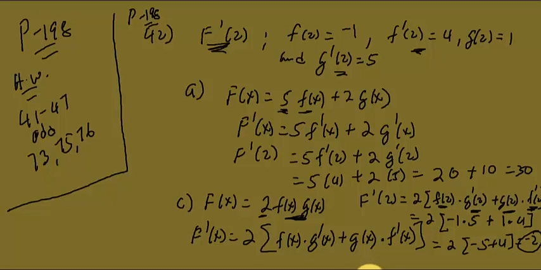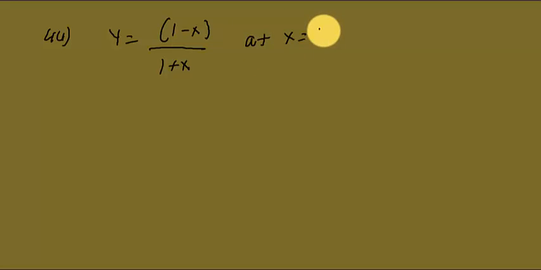So let's do 44, which is the next problem I want to do for you. You're given y is equal to 1 minus x, all that over 1 plus x. And they want us to find the equation of a tangent line to the curve at x is equal to 2.